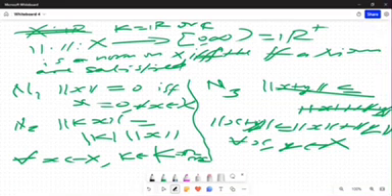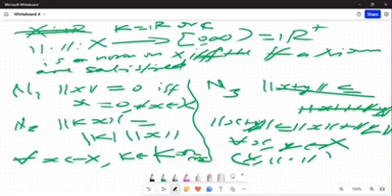So if these three axioms, N1, N2, and N3, are satisfied, we now say that this vector space X, together with this norm, is called a normed linear space.